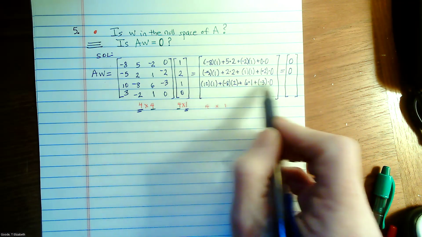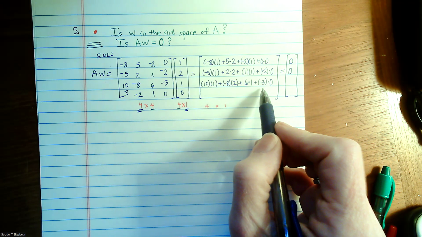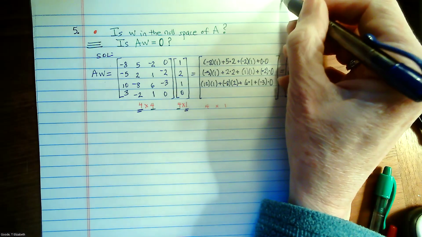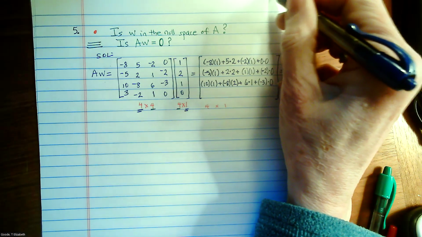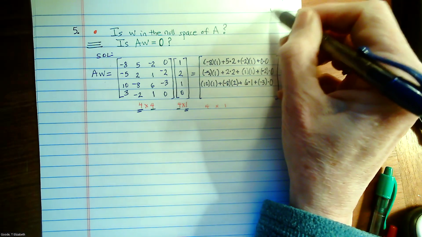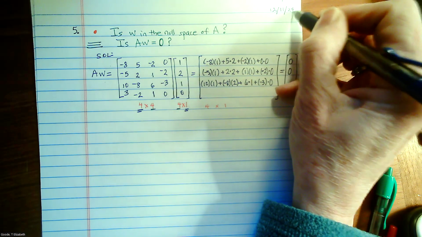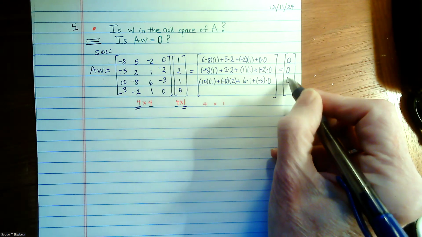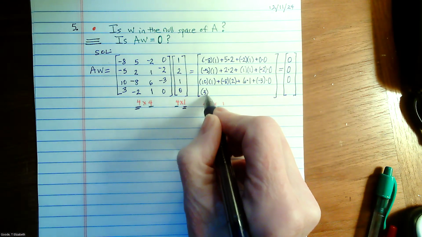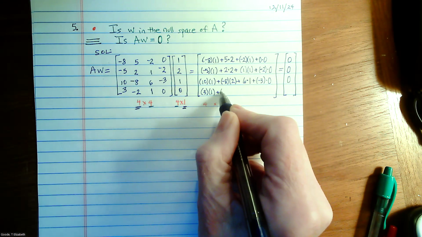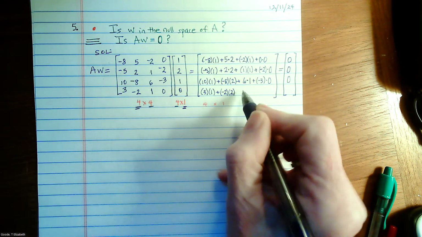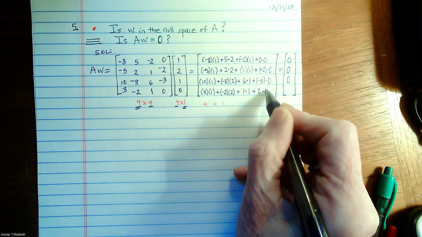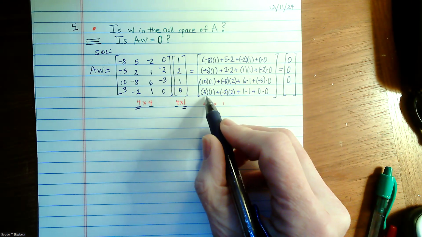So do we get 0 for the third coordinate? You think? Yeah, okay. All right. So what do we get for the fourth coordinate? 0.